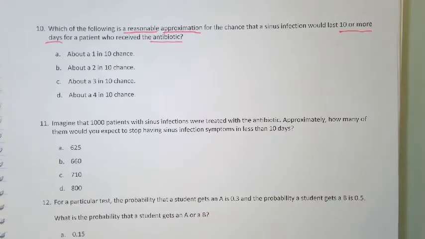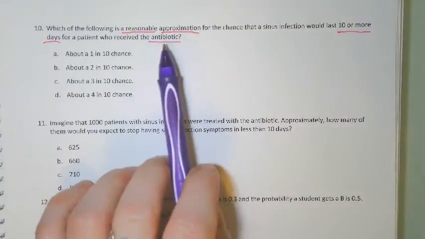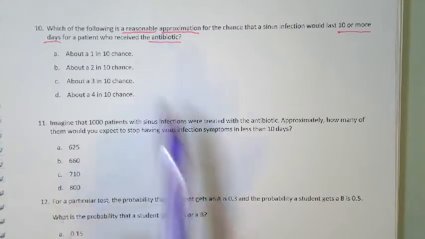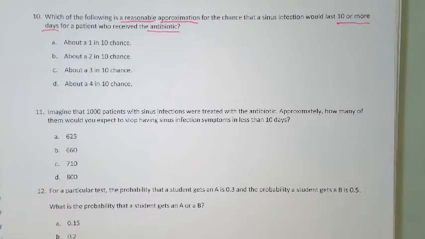In this case, this is going to be an example of conditional probability, because when I go to calculate the probability, I'm not looking at the absolute total amount of patients, but I'm restricted to just looking at the total amount of patients who had received the antibiotic. So when we calculate our probability, we calculate it as a decimal, which is easy to interpret as a percent.